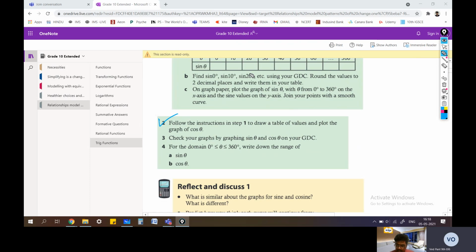Oh, okay, so this as well. You might have drawn this also, so try to do this. Yeah, the range is between -1 and 1 for both. What about the domain? Domain is given.